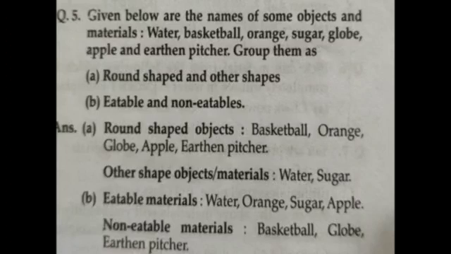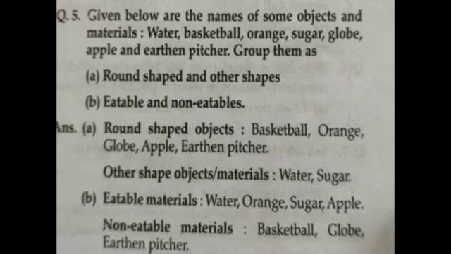So let's arrange. First is round shaped objects. Among these, which are the round shaped objects? Basketball, orange, globe, apple and earthen pitcher. These are all round shaped objects.